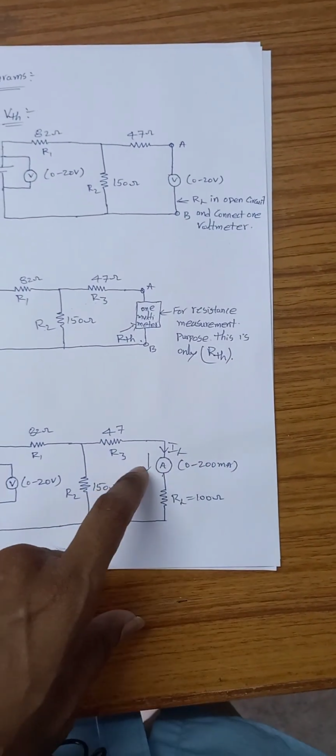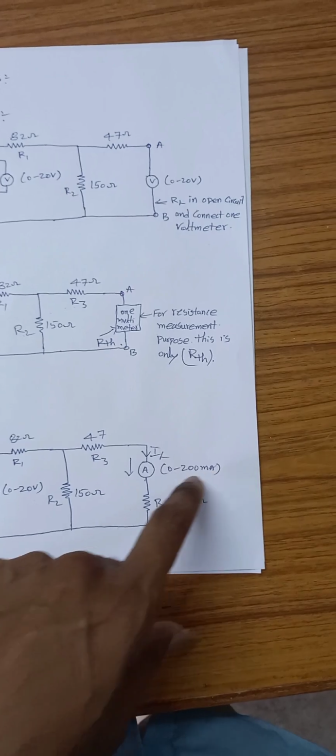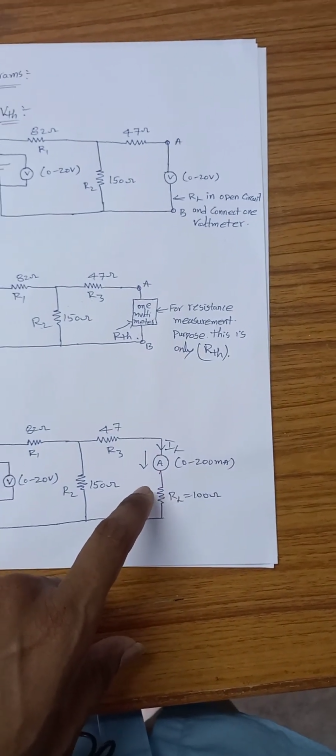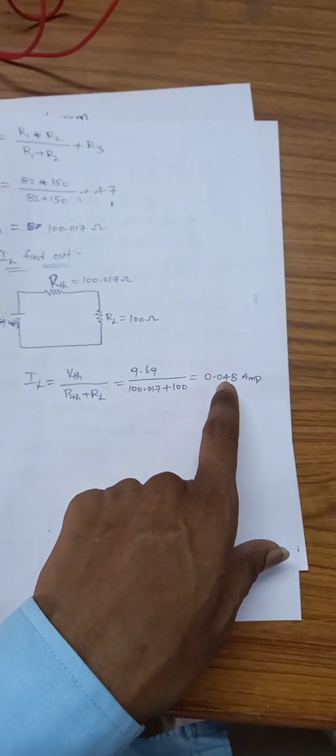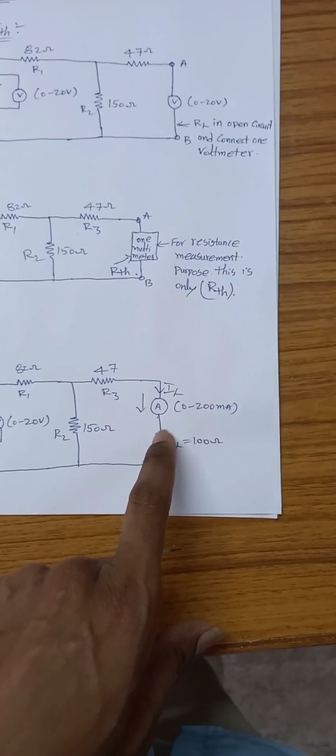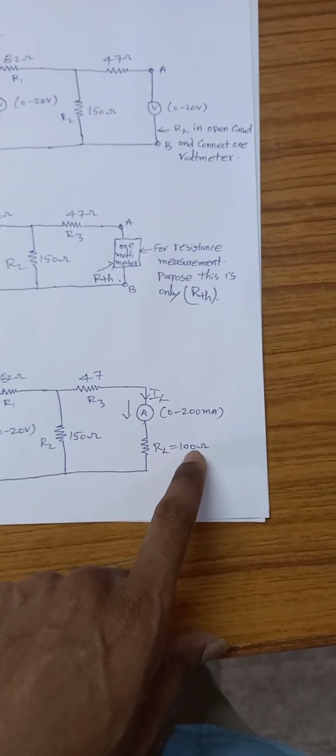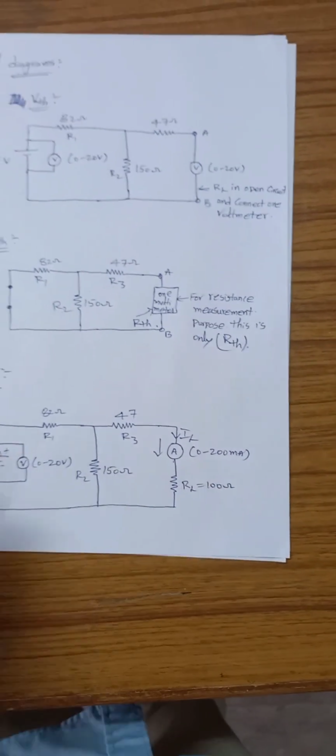So you remember here 0 to 200 milliammeter, because here we got a very small load current, that one is 0.048. That's the reason I have taken a milliammeter here, and the load resistance is 100 ohms, which remains the same. Then we will go for the practical values observation.